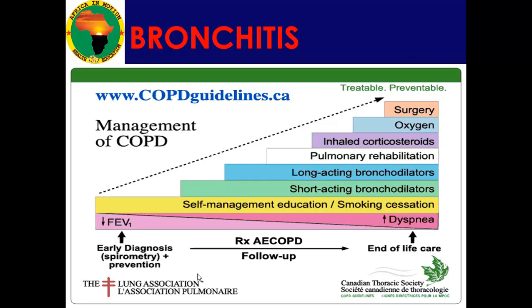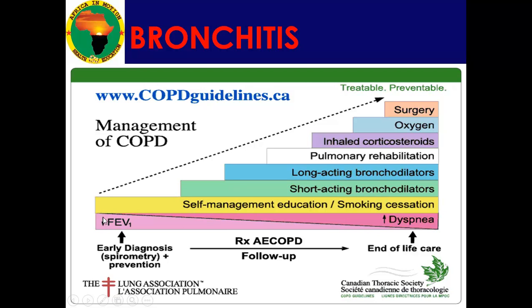You can see they suggest that the treatment should be going in steps, because bronchitis can be mild or it can be severe. If it is mild, it can be self-managed, and if you stop smoking or stop the risk factors, then you can improve. Or if it is mild, you can just use short-acting bronchodilators.